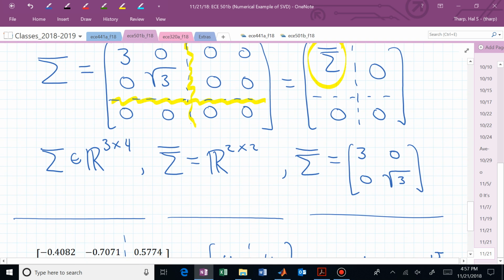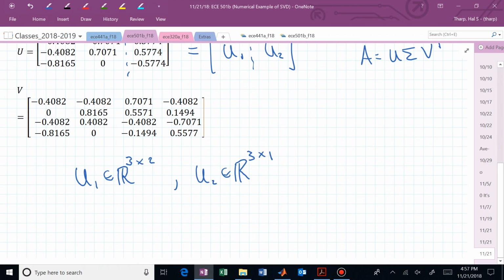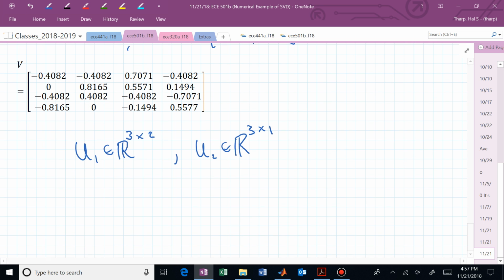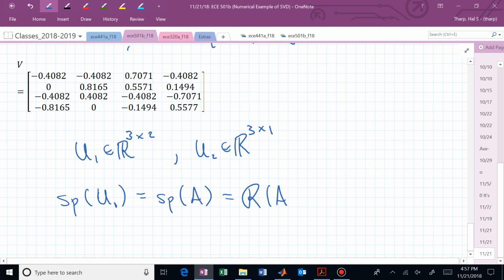U2 is weighted by 0, so the only thing that's going to give us things in the range of A are columns in U1, or the span of the columns in U1. Writing that down, the span of U1 is going to be consistent with the span of A, which is the range of A in our notation that we've been using throughout this course.